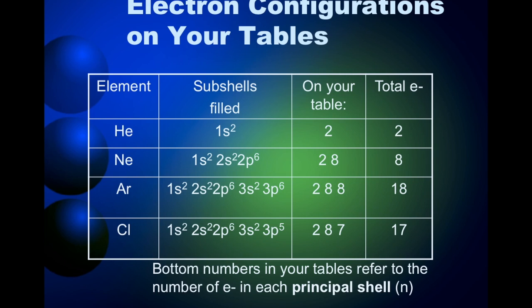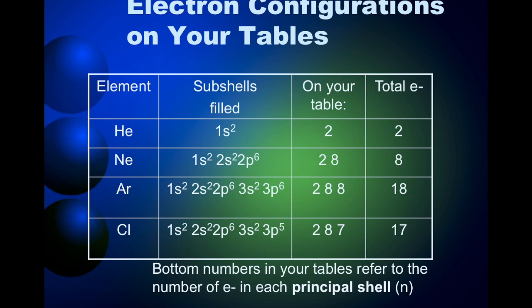Okay, so your tables actually show the electron configuration for each element, but it's written in a slightly different abbreviated form, mainly for the purpose of saving space. I'll show you what that looks like here. We'll start with helium, which has the electron configuration 1s2 in the way that I told you. On your table, it simply says 2, and that's telling you how many electrons are in shell 1.